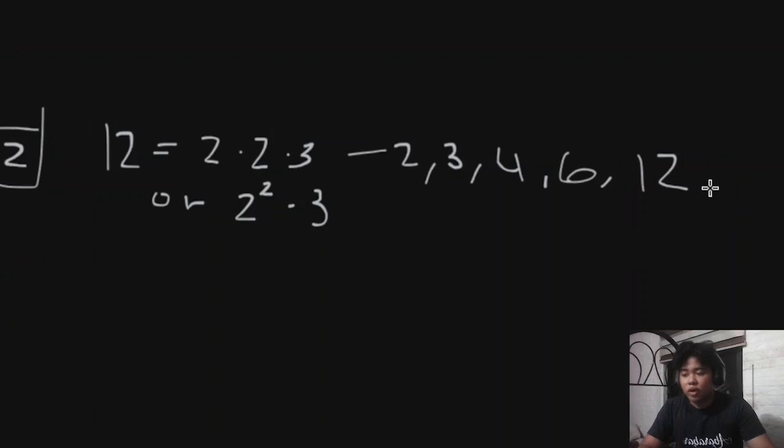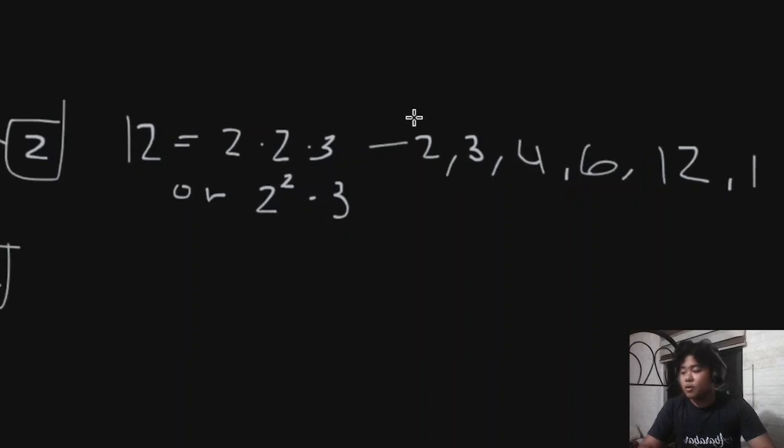And don't forget the 1, because 1 is a factor of every integer. So now that we have this, we can count them all: 1, 2, 3, 4, 5, 6. There are 6 factors.